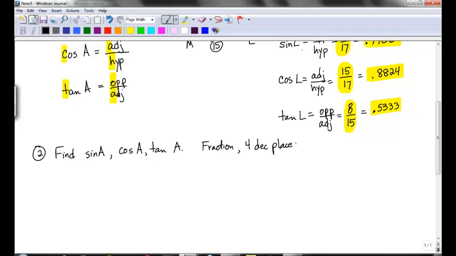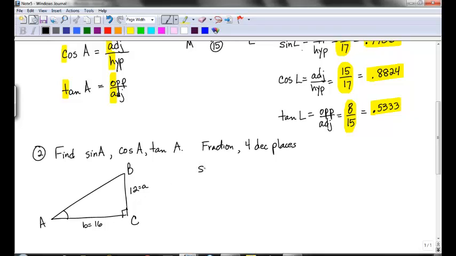Now, here's what they give you. They give you a right triangle. This is our A. This is our B. This is our C. They gave us 12, the side opposite, so that's actually side A. And they gave us side B was 16.